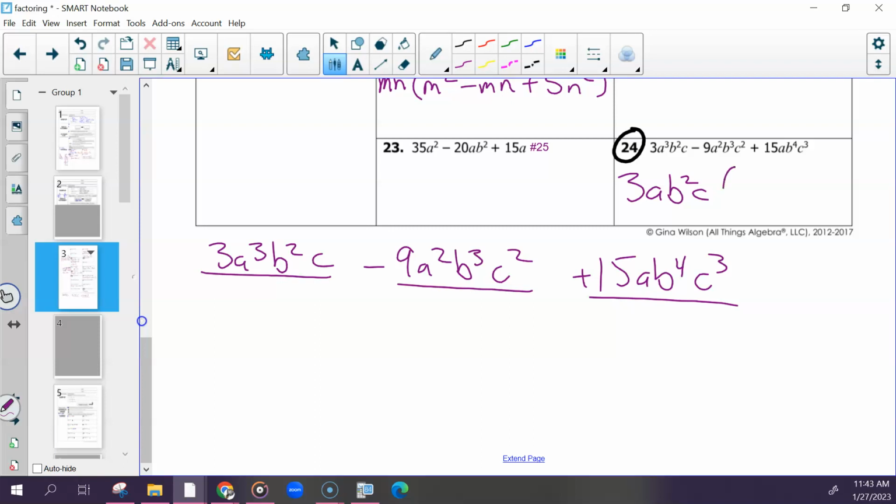So if we're dividing that out of everything, do this part, but if it helps you see it, you're welcome to do that. What would be left? 1a squared.